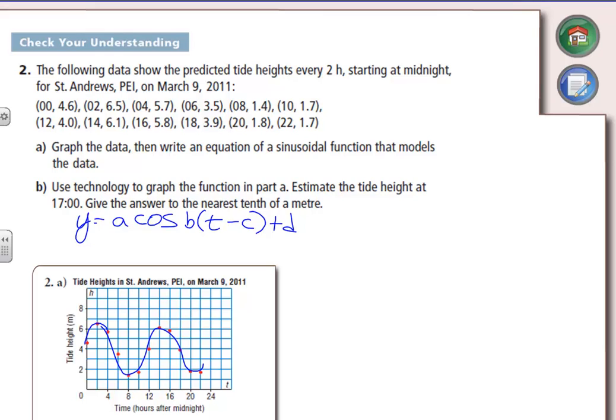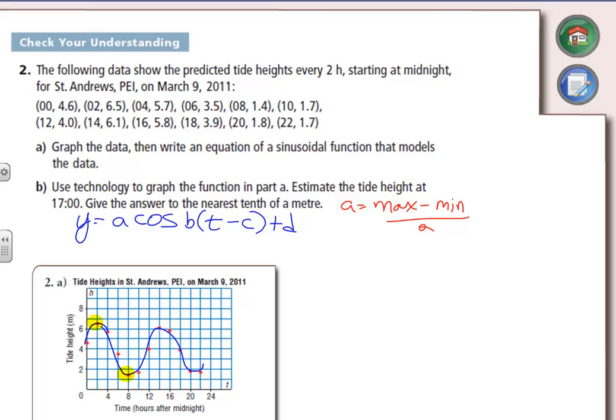Let's start by finding a. So a is the max value minus the min value, divided by 2. My first maximum value I can see is here, and my first minimum value is there. So we go to the points and see what values I plotted there.